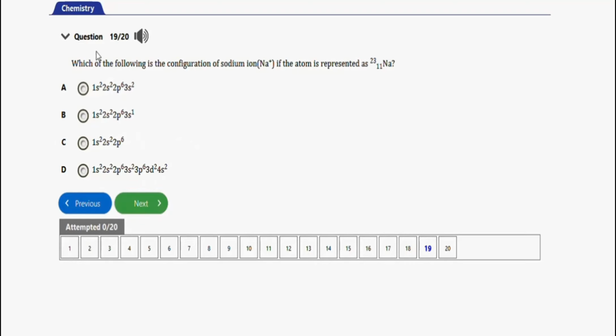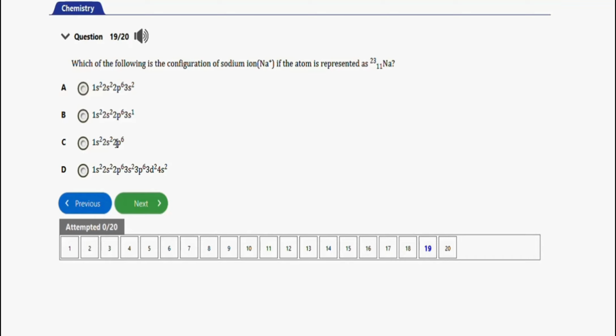It says which of the following is a configuration of sodium ion if the atom is represented as sodium atom. Alright, this is neutral. So for the charged sodium, the electronic configuration would have the structure of a noble gas, it should be this option C, 2 8, 10.